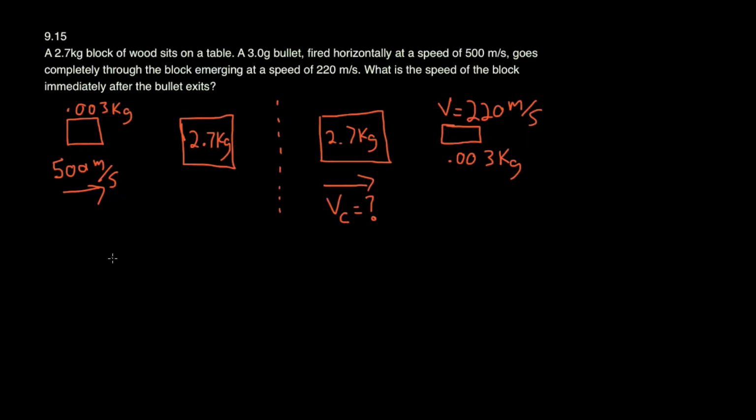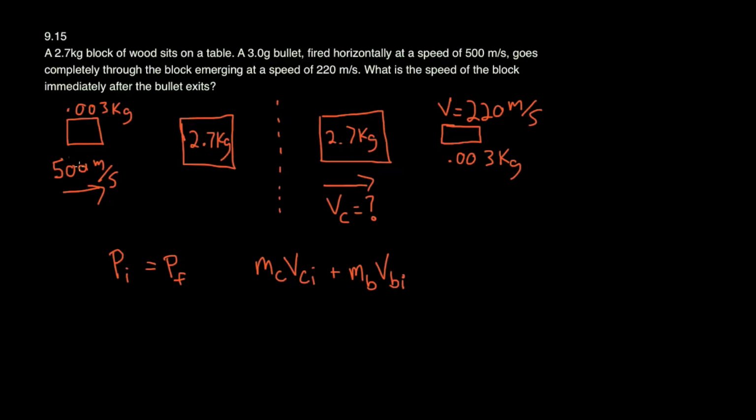And so we know that the momentums initially have to be equal to the momentums final. And so this just becomes the mass of the cube times the velocity of the cube initial, plus the mass of the bullet, m sub b, times the velocity of the bullet initial.